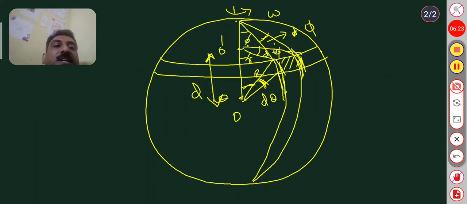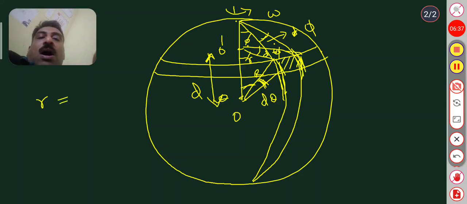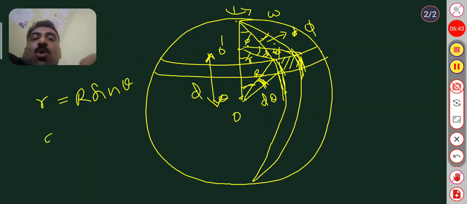So you can see certain trigonometric relations here. Small r is equal to R sine theta, and small d is equal to R cos theta.